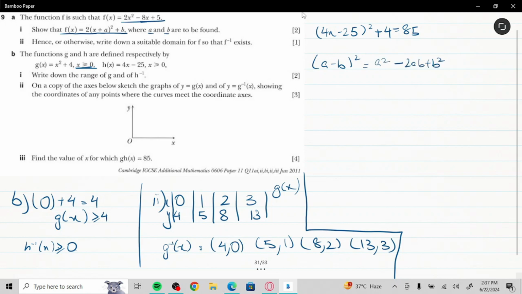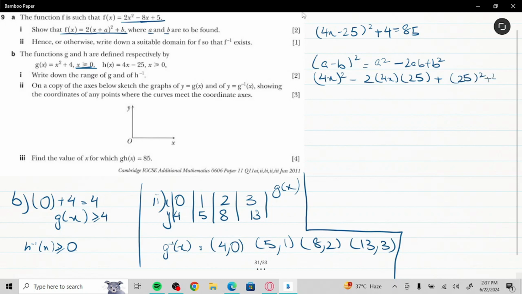That's the equation, and that's how you open a whole square. It's applicable to anything that is folded up in a square. For a, we have 4x, and we're going to put this in a whole square, minus 2 multiplied by a, which is 4x, times b, which is 25, plus b squared, 25 squared.